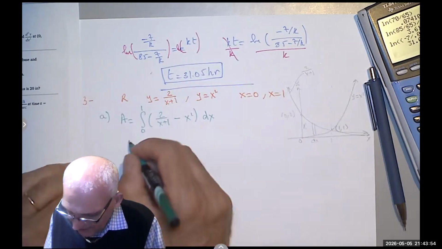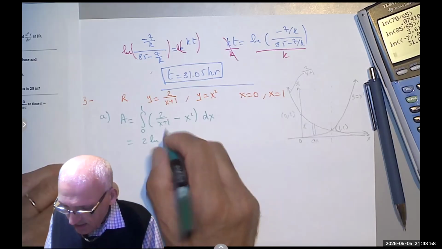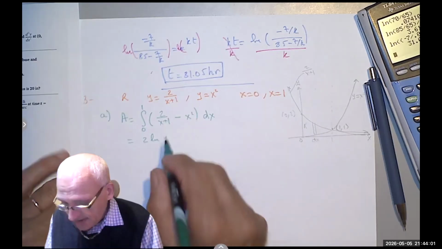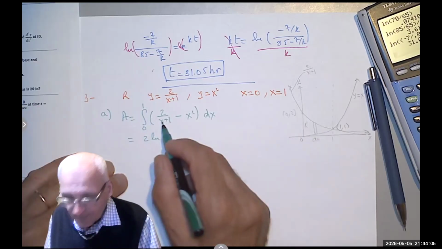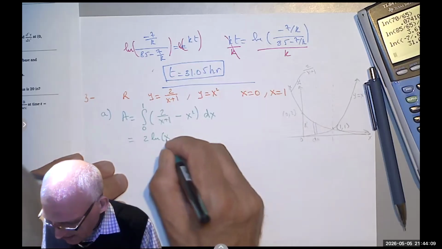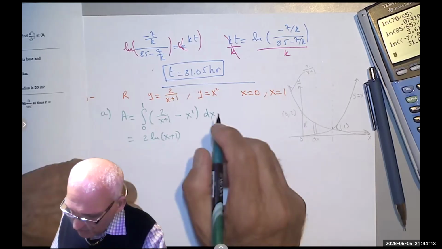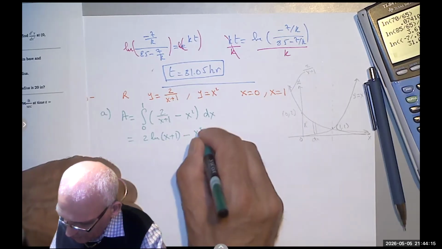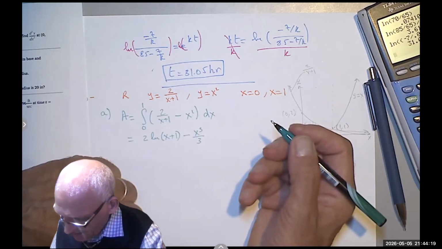Right? So when I integrate that, I get 2 natural log of x plus 1. Well, I don't need the absolute value because x goes from 0 to 1. So x plus 1 would be from 1 to 2 anyway. So I mean, it's not wrong to write the absolute value, minus x cubed over 3. How can I evaluate that without a calculator?